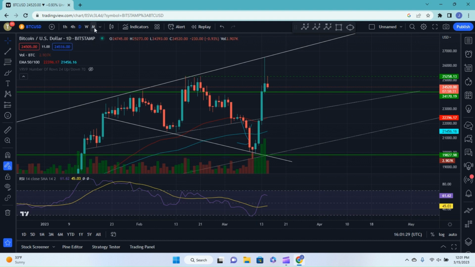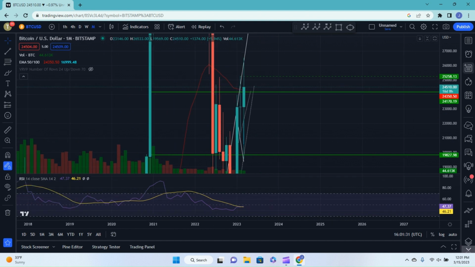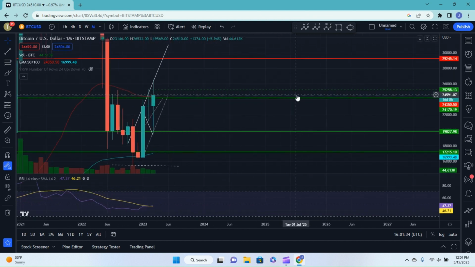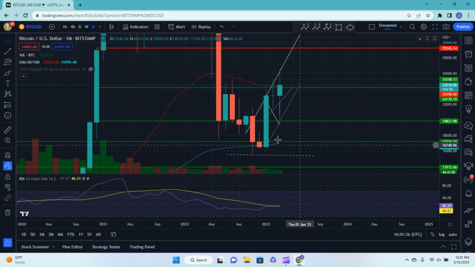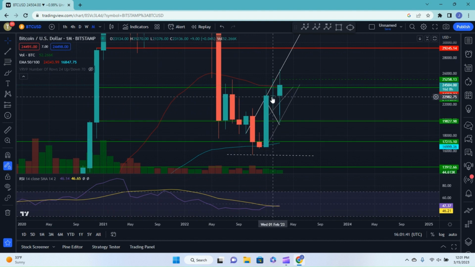Now, if you remember, there's been a couple of videos that we've talked about on the monthly time frame. We've talked about this candle right here being a spinning top candle. And the spinning top candle, as we've talked about, typically shows indecisiveness in the market. So as we were pushing up in this direction, this month closed, we started here and pushed all the way up throughout the month, and this is where we closed.